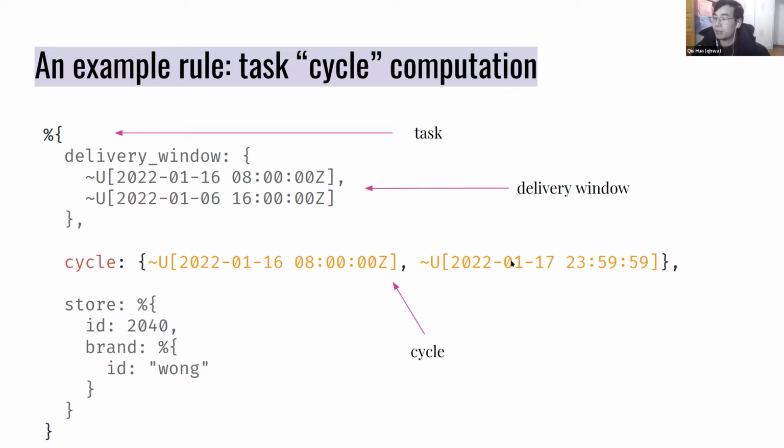During these timestamps, our users are able to take the delivery orders, and we use MongoDB to store the task data. This is typically the structure of a task.